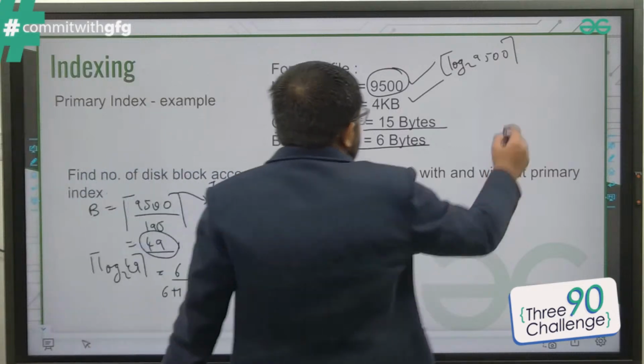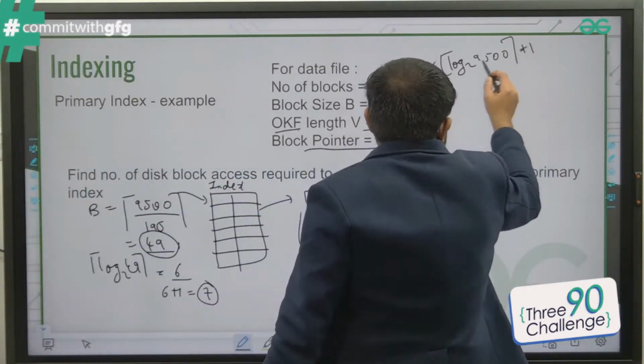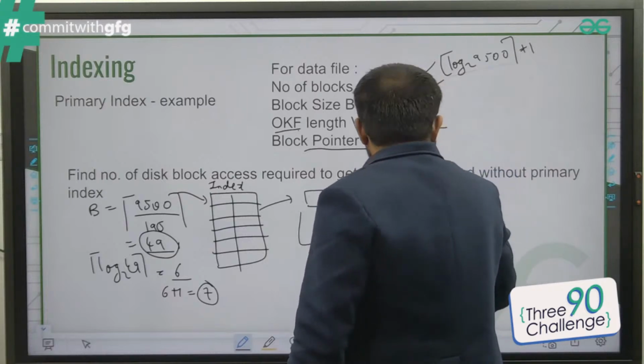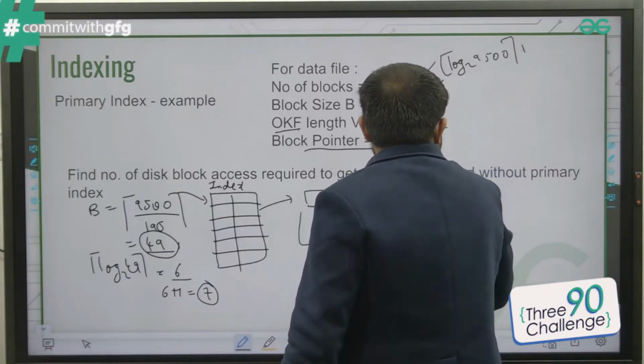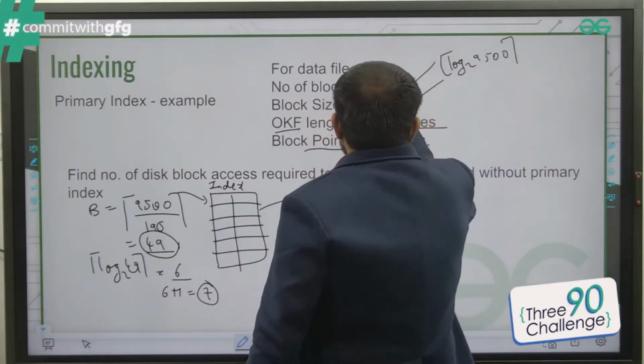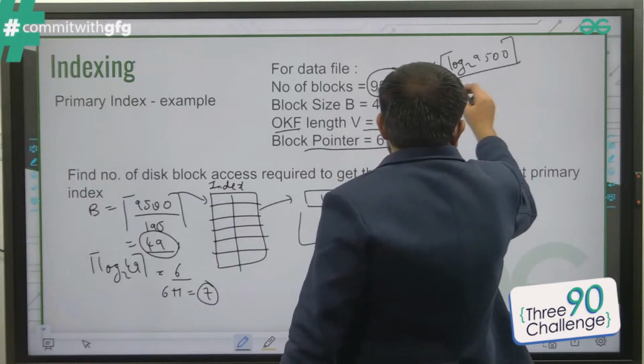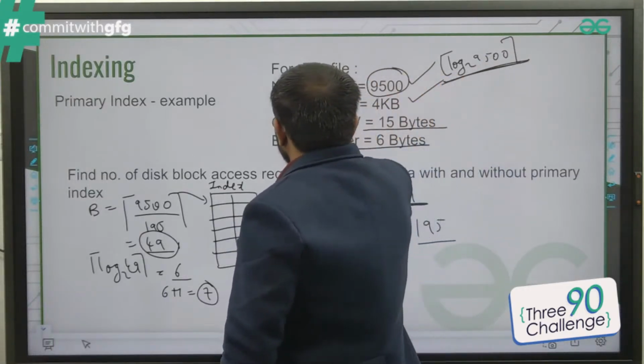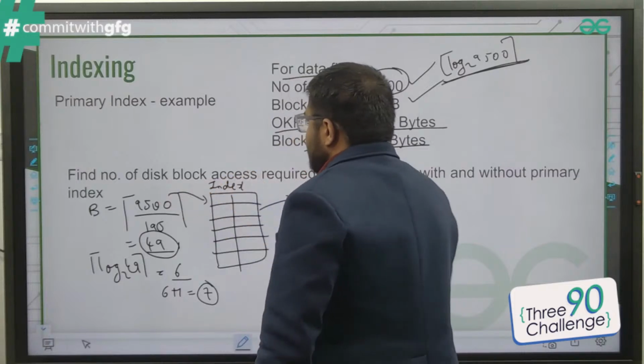Otherwise, here you will require this many block accesses. First of all, this will not be plus 1, because here you are directly searching on the given data. You can also apply binary search on this. Why? Because this is also sorted, because we are applying primary index.